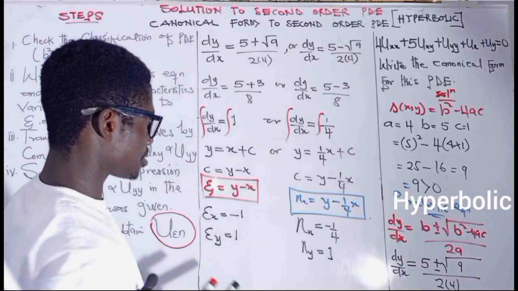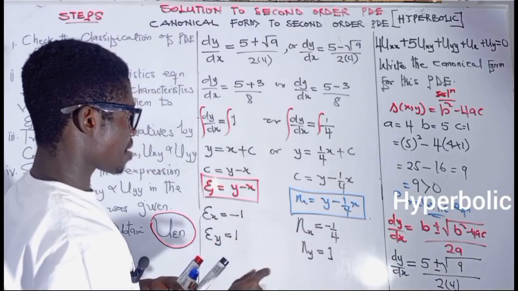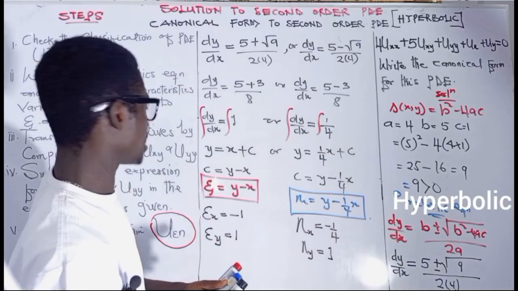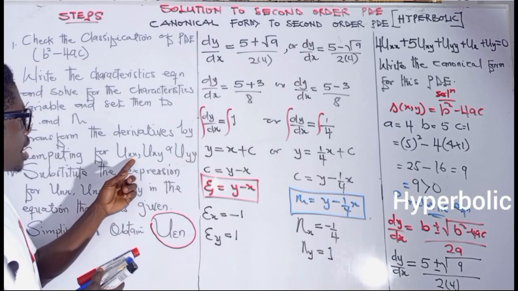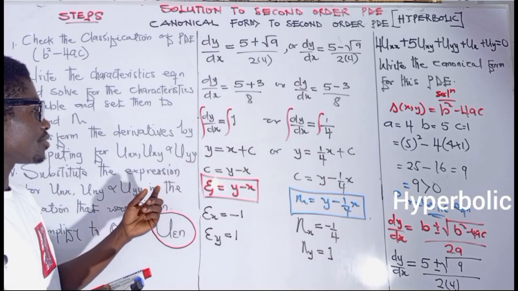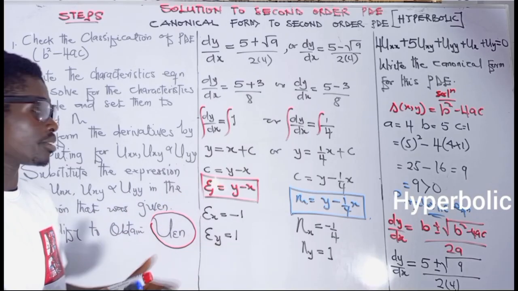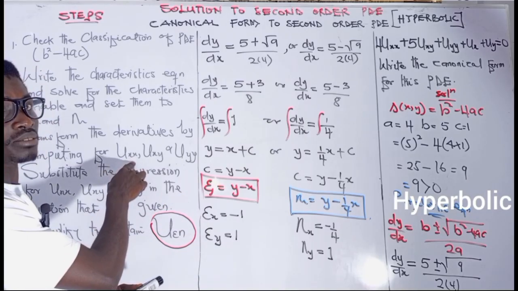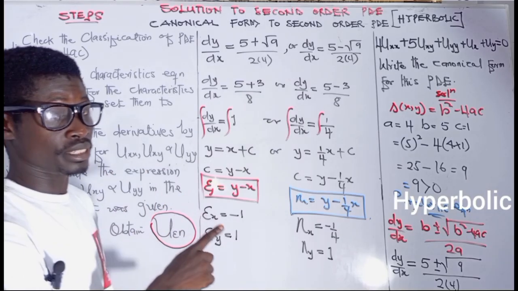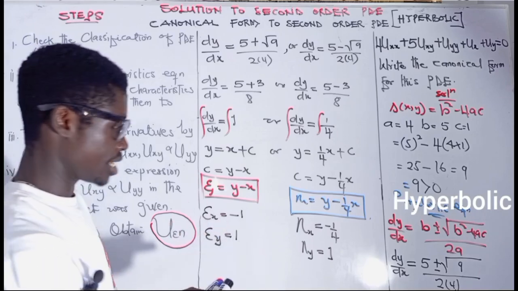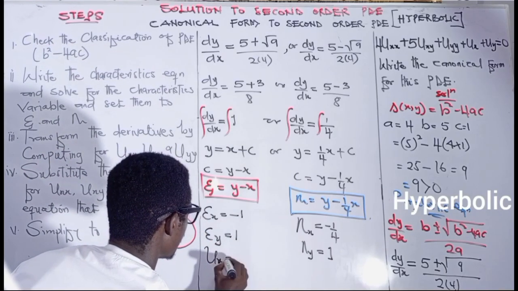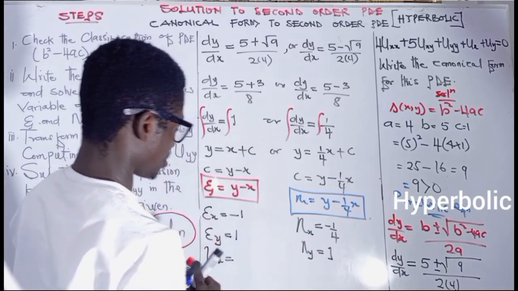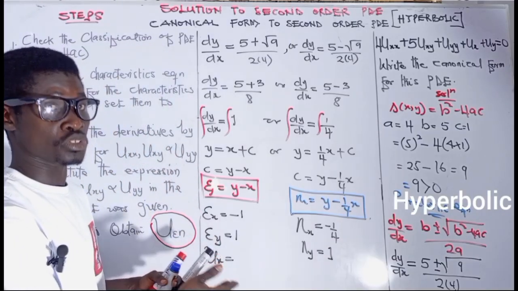Now once we have this, before we can find uxx, uxy, uyy, we need to find ux, the first partial derivative, because these are second partial derivatives. So we have to find the first partial derivative with respect to x and then with respect to y. So we have our first one, which is ux, and we have learned in our previous lesson how to find ux, right?